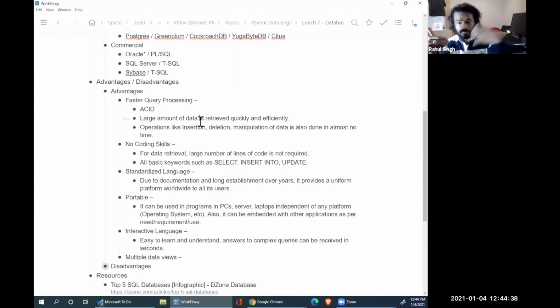But if there's a write operation, that write operation has to wait until that data has been sent. And the reason is that the database will not send you old information because it has to make sure that any user of that data is getting the most current information.